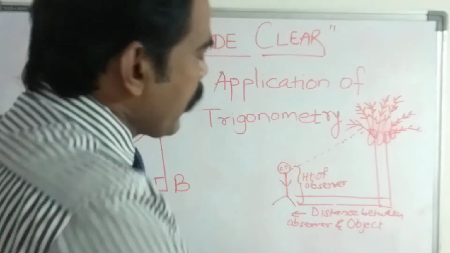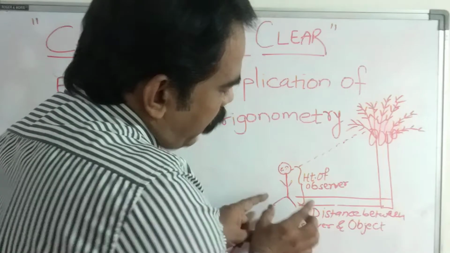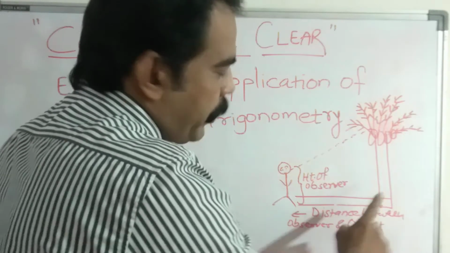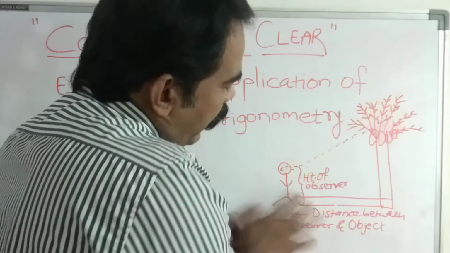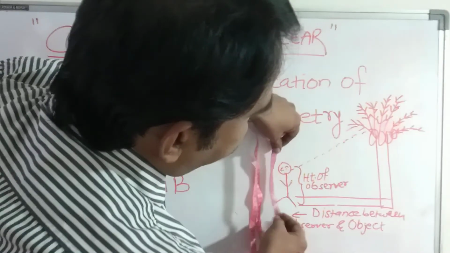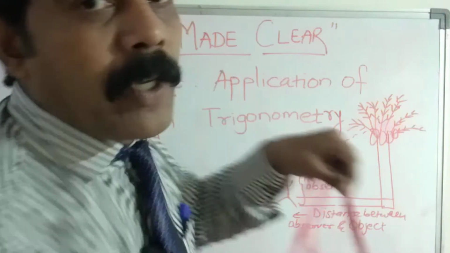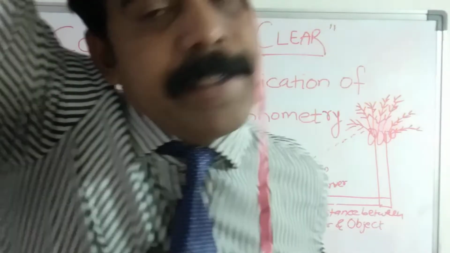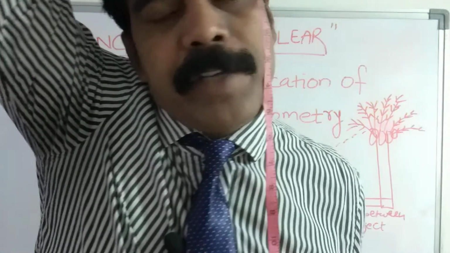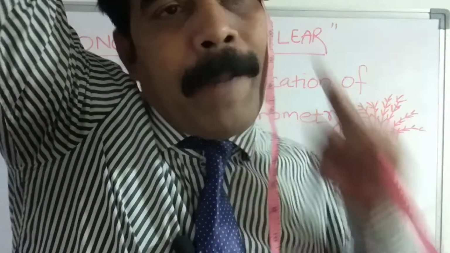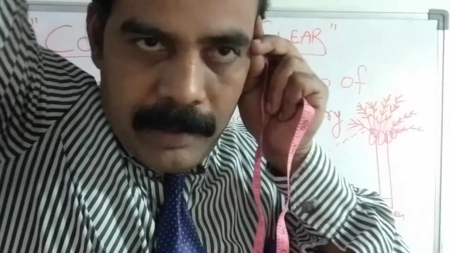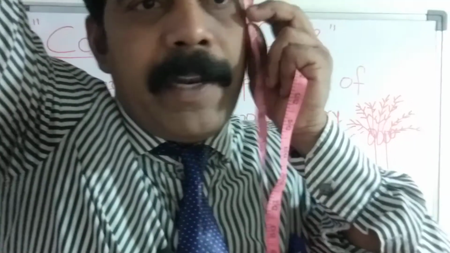After that, you fix yourself at one spot. You will not move anywhere, because we have to find the height of the object. Then we find the height of the observer, because you are the observer. We find the height up to our eyes, because we are observing through the binocular of our inclinometer. Don't calculate up to the head, calculate up to your eyes.